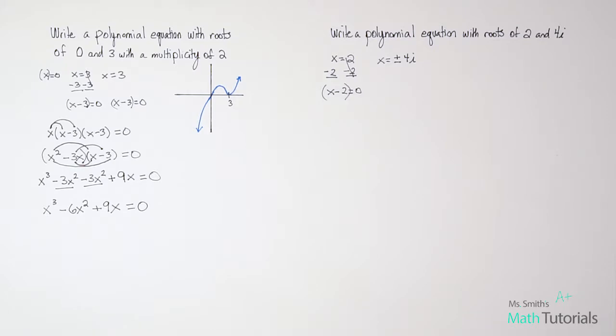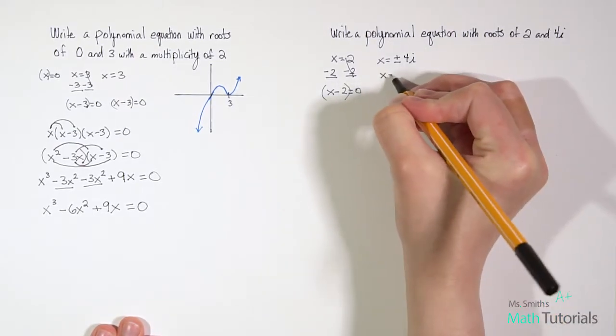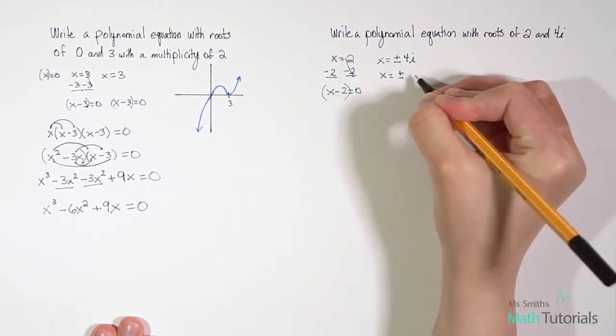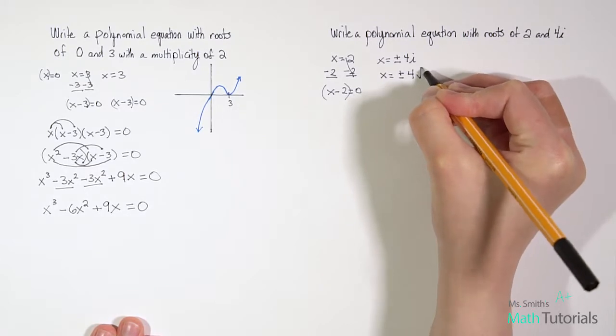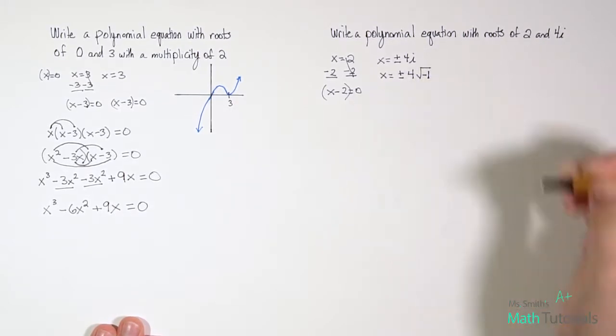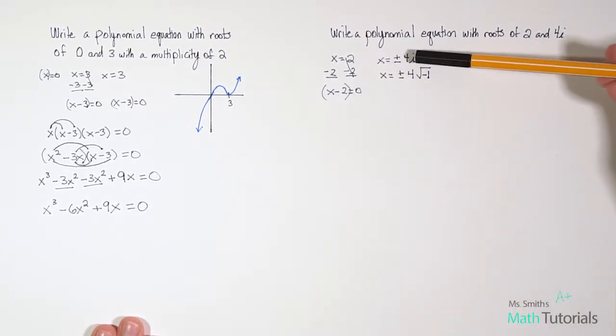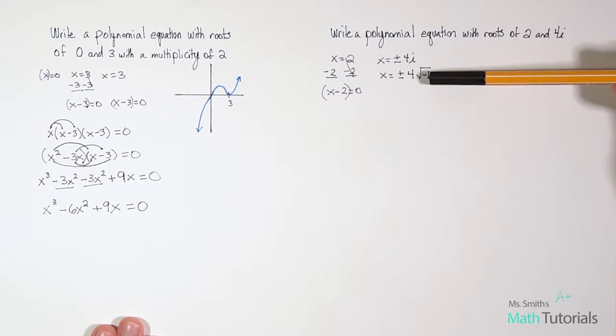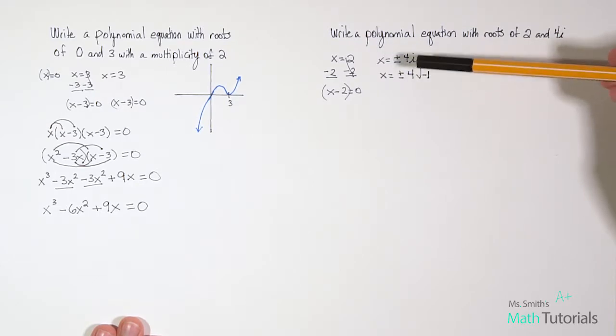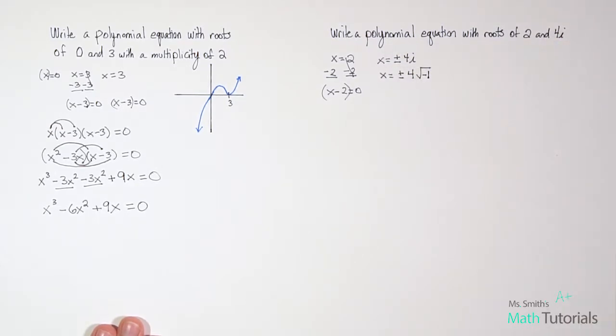Essentially, what i represents is that x equals plus or minus 4 times the square root of negative 1. i is just another way to say square root of negative 1. We could rewrite it, and that'll help us see what needs to come next.